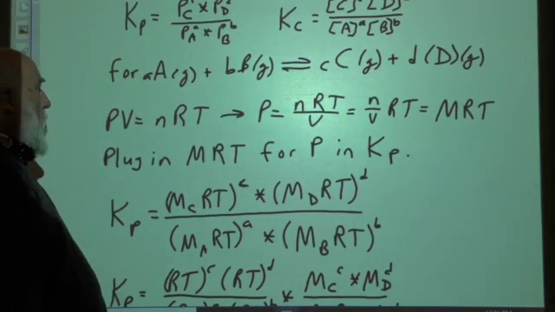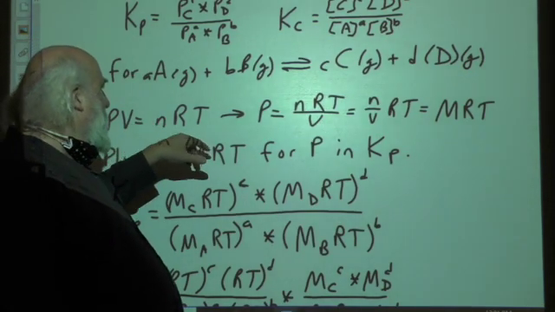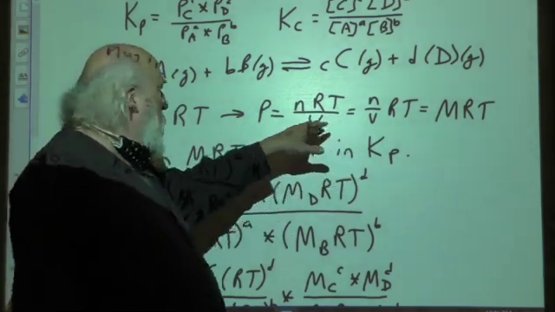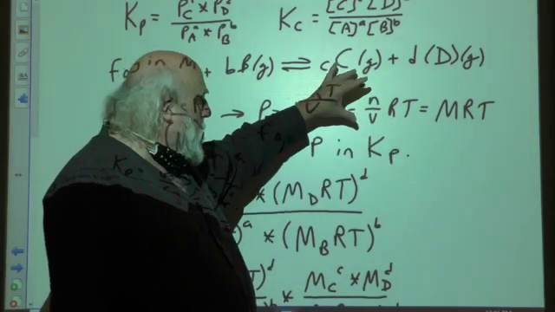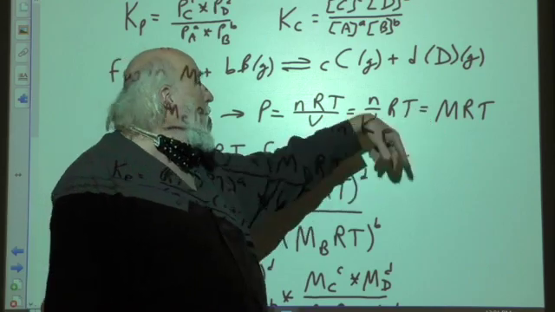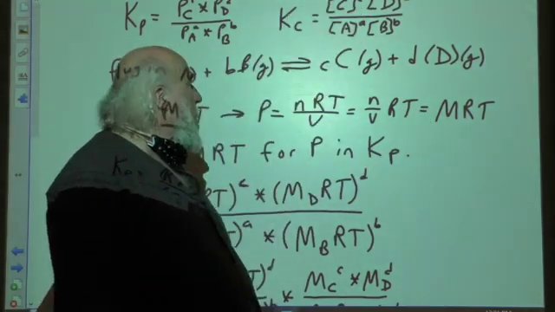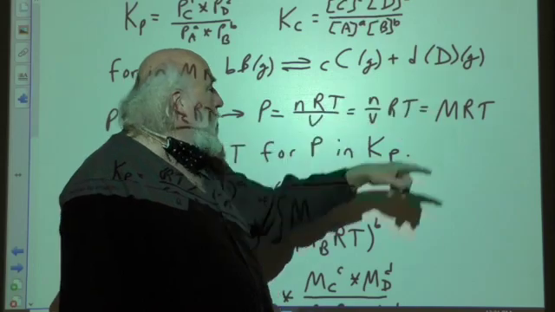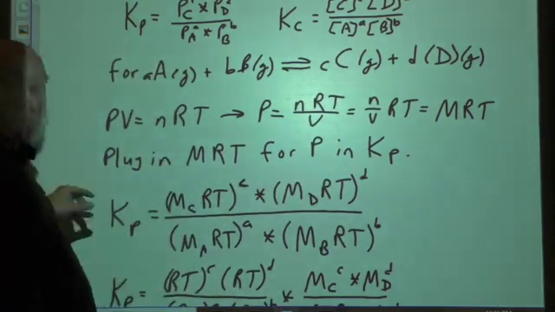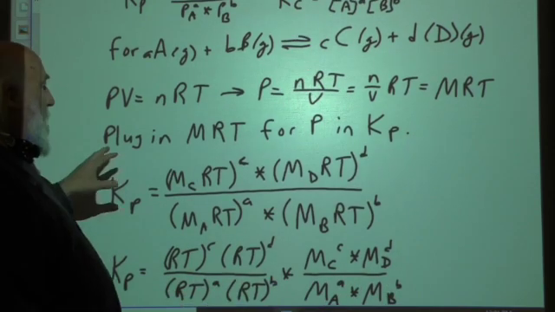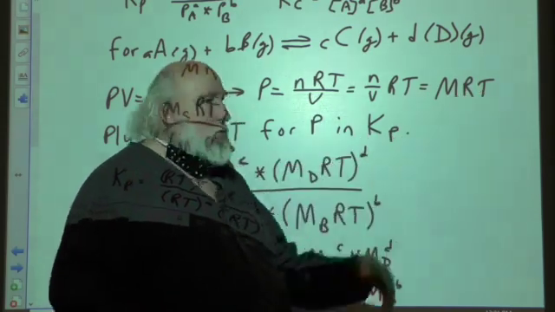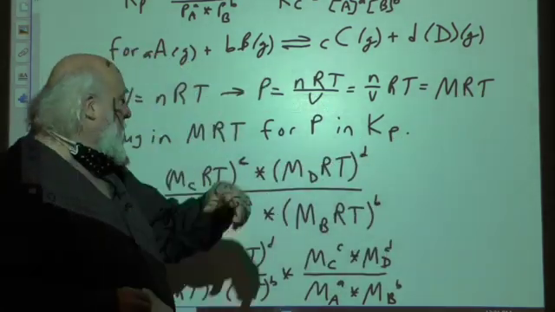Okay? So if PV equals nRT, then P equals n over V times RT. Well, n stands for moles, V stands for liters, that's moles per liter, that's molarity. That's what these things all explain right here. So I'm going to replace all of these with M sub capital A, B, C, D to look like this. So I'm going to take MRT, or I should say M sub X times RT, where the X is just whatever substance we have in the equation here.